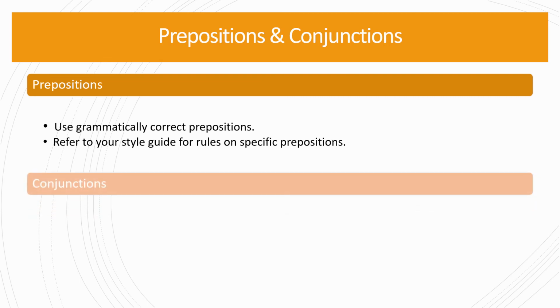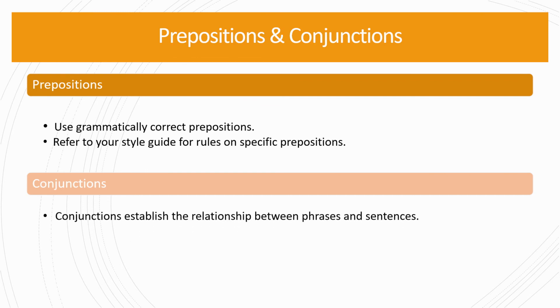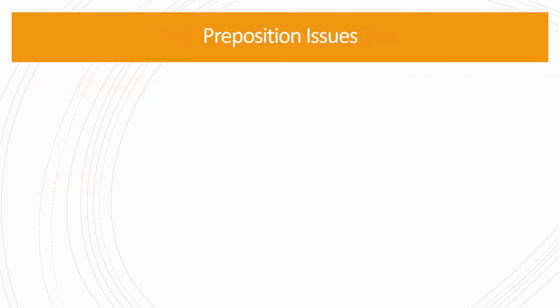For conjunctions, you should note that they establish the relationship between phrases and sentences. So, they are necessary to maintain content flow. However, using conjunctions in every sentence decreases readability. So, use them wisely.